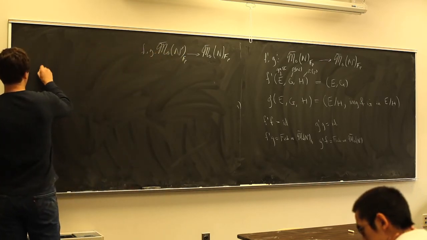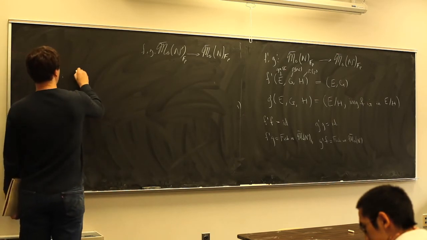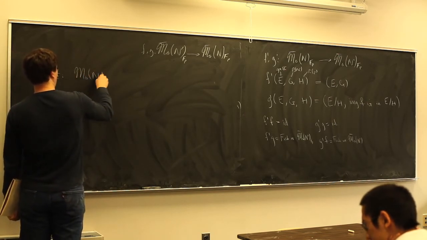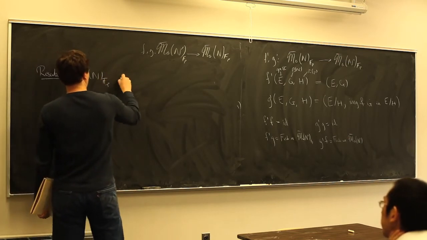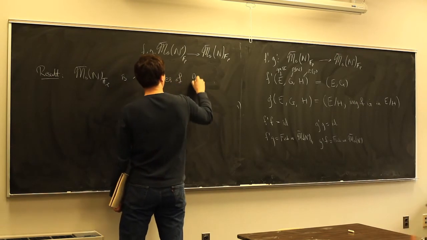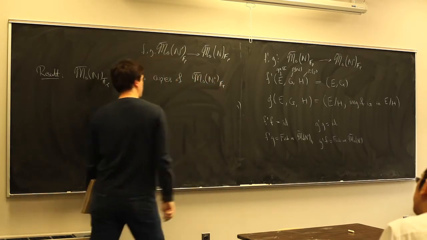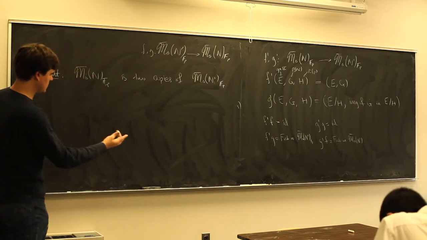I guess the result is that M0 n bar is two copies of M0 n prime bar glued along the supersingular loci in each one.